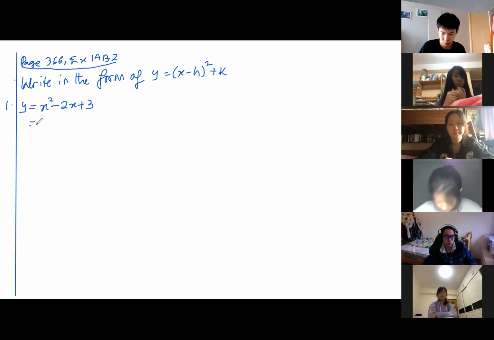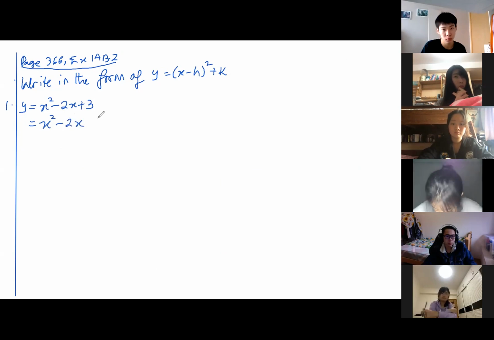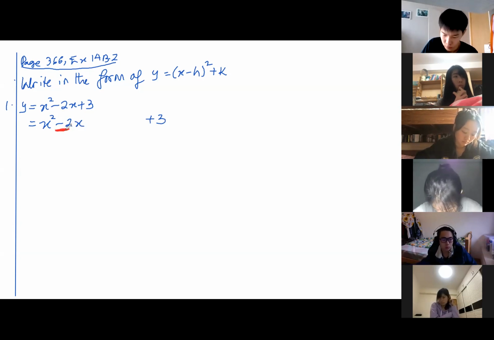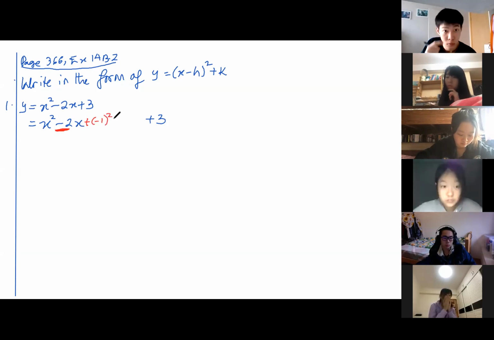So we move on by isolating these two and just pushing these 3 away. X squared minus 2x, then I have my plus 3 on the side. In between, I do half of this. What is half of the coefficient? The coefficient is -2. Half of it is -1. So I'm going to add it, and I'm going to subtract it again.